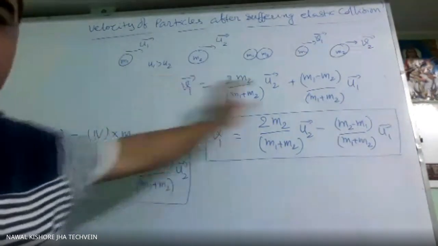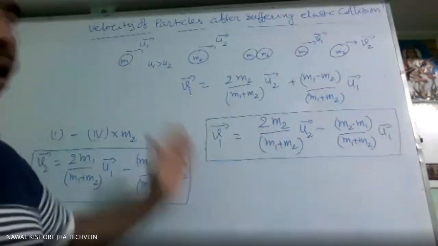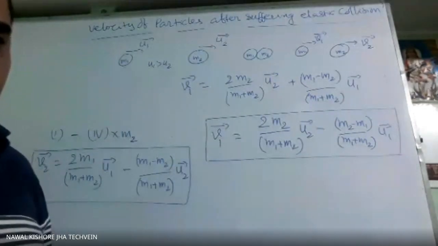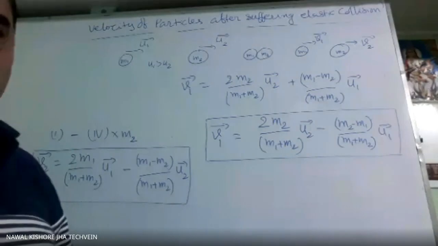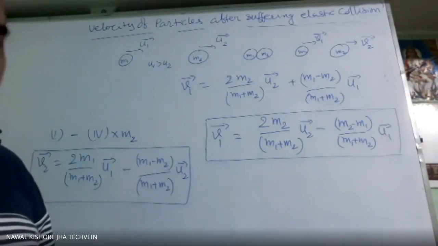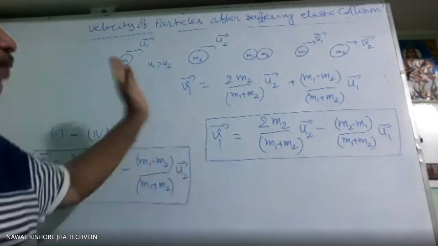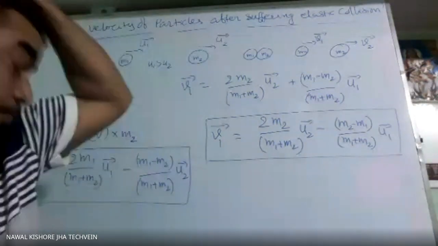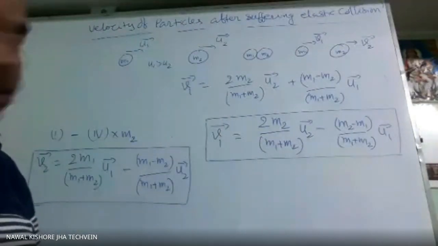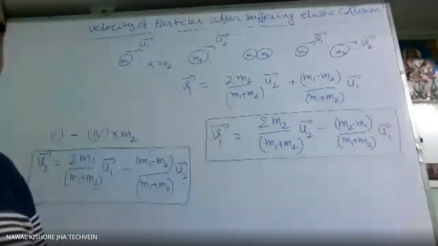We will apply the law of conservation of linear momentum, and then velocity of separation equal to velocity of approach, or kinetic energy conservation. Only these two things we will apply. So this is the velocity of the two particles after collision in case of elastic collision.